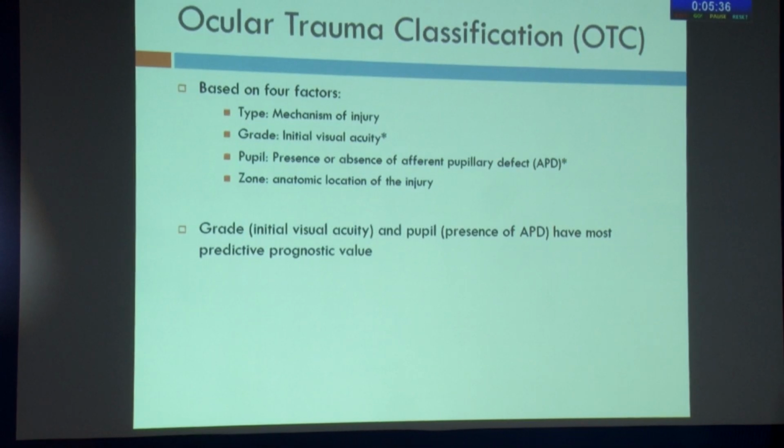Now, once we have learned the basic nomenclature, it is important to classify ocular trauma. It is done on the basis of the type of injury, the grade of visual acuity, the pupillary status, whether RAPD is present or absent, and the zone of injury. Among these, grade and pupillary reaction are the most important prognostic factors.